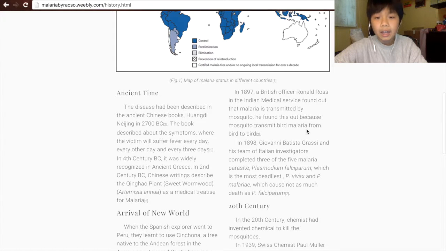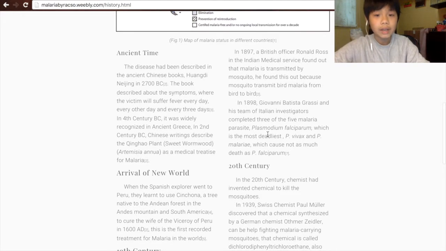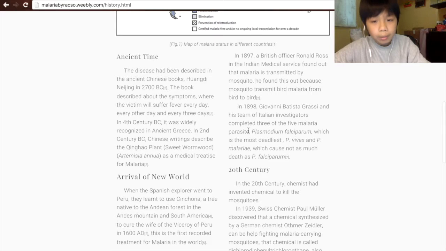In 1898, Giovanni Battista Grassi and his team of Italian investigators completed the description of 3 of the 5 malaria parasites that cause human malaria, which are Plasmodium falciparum, which is the deadliest and still the most common in the world, the Plasmodium vivax and the Plasmodium malariae, which cause not as many deaths as the Plasmodium falciparum.